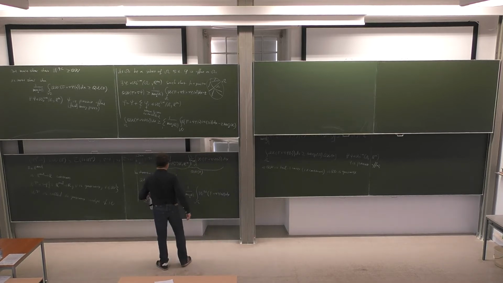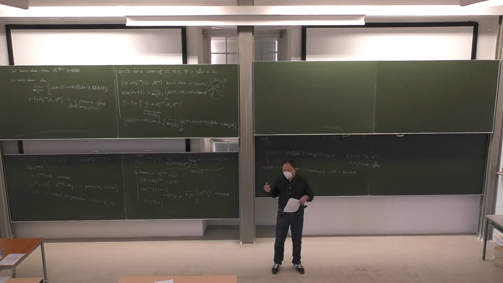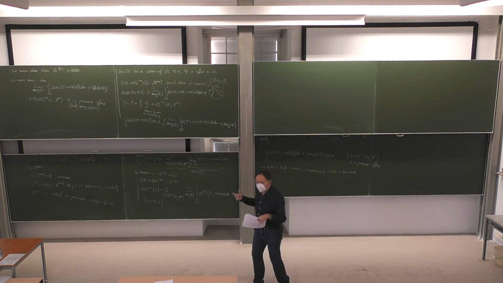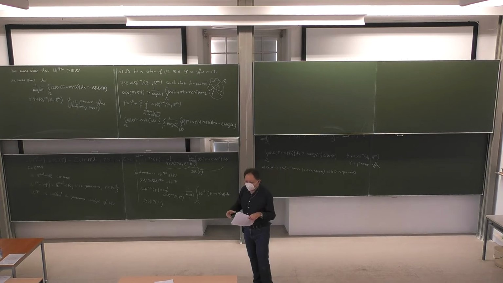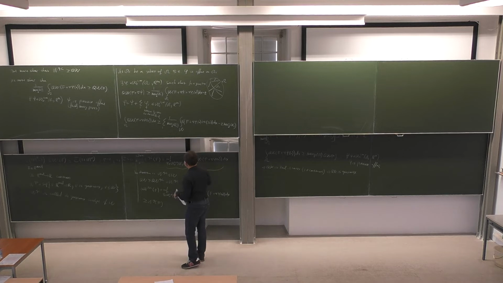So the simplest way would be to take omega in such a way that it has measure 1, because in fact this definition doesn't depend on omega. This is the same story as the definition of quasi-convexity, which doesn't depend on the domain if it's a Lipschitz domain. So maybe the best way would be to take something which has unit measure.